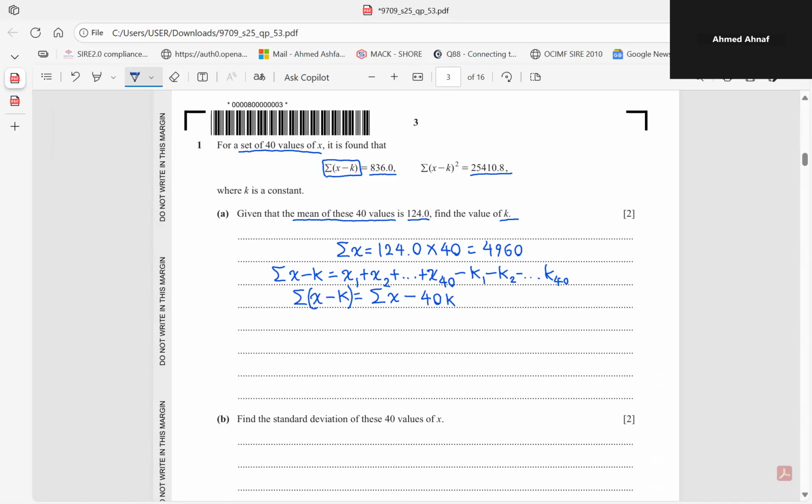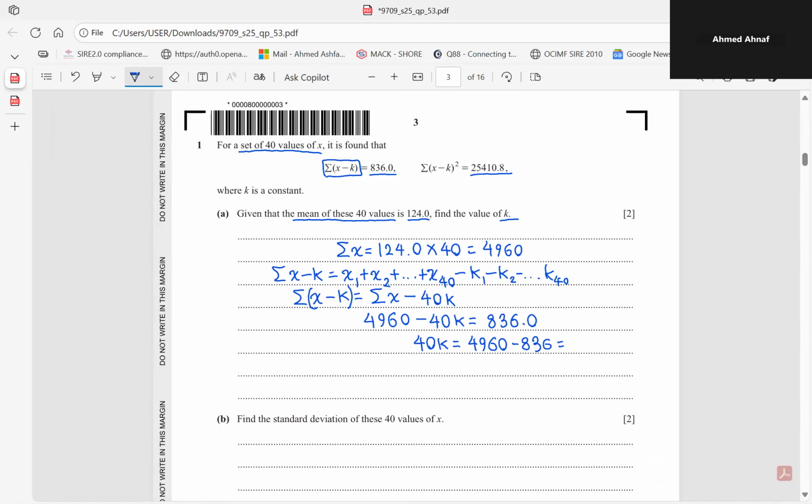Okay, so now let's substitute the sigma x we found and equate it to what we've been given at the beginning, 836. Now we can make 40k the subject. So that's just 4960 minus 836.